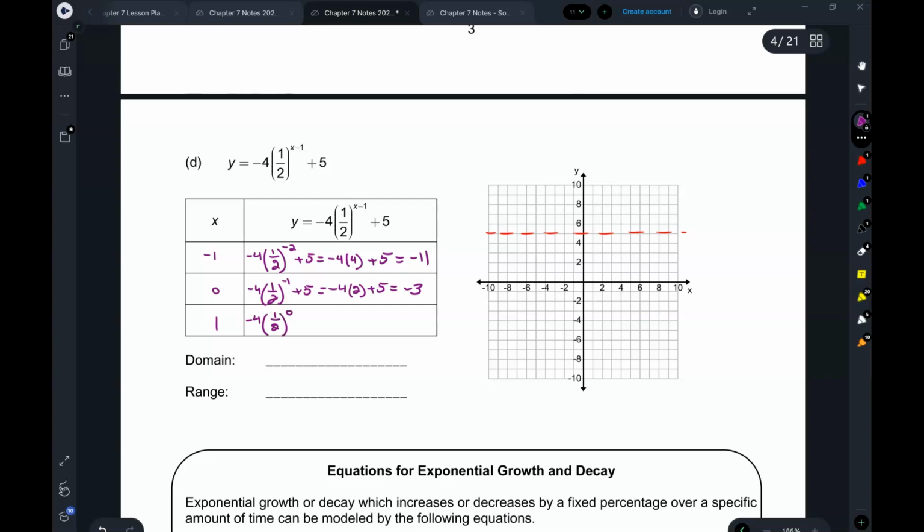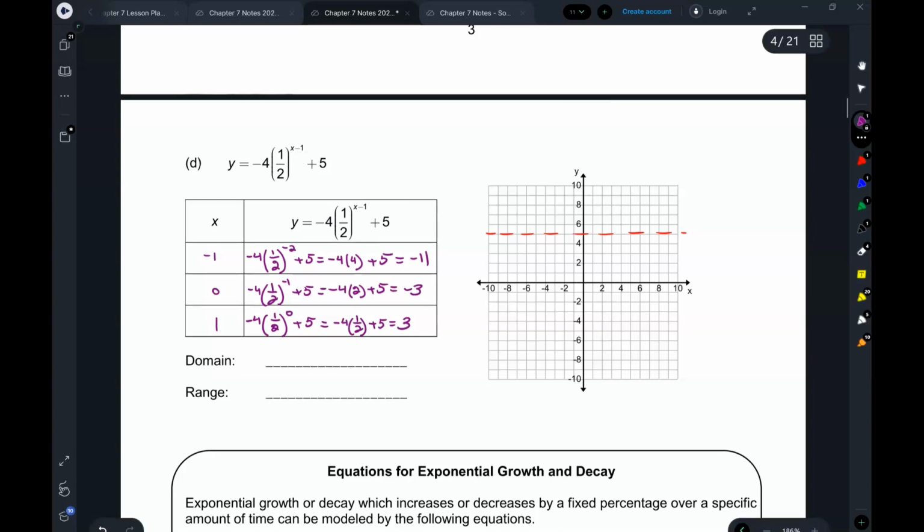Negative 4 times 1/2 to the 0, plus 5 equals negative 4 times 1, which is negative 4, plus 5, positive 1. Fabulous. So negative 1 is at negative 11. I'm just going to put it here. 0 is at negative 3. 1, 1.